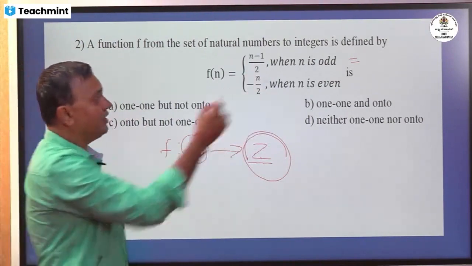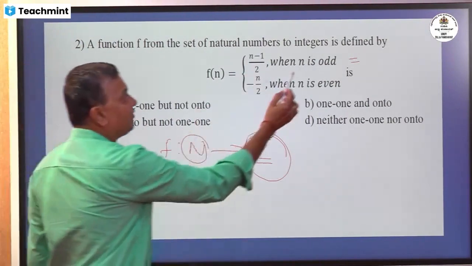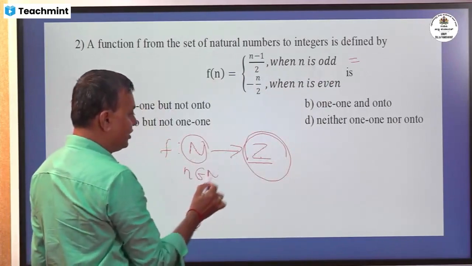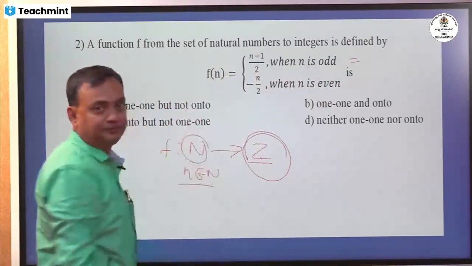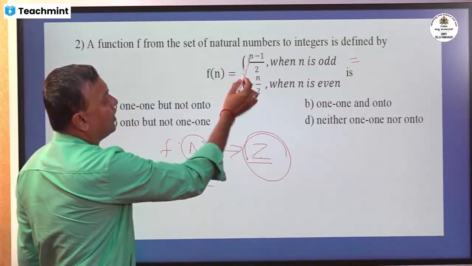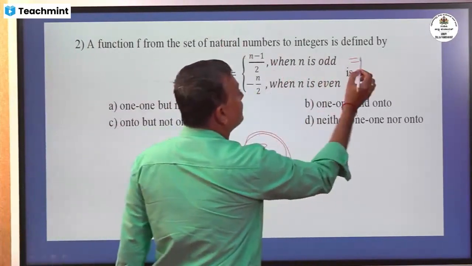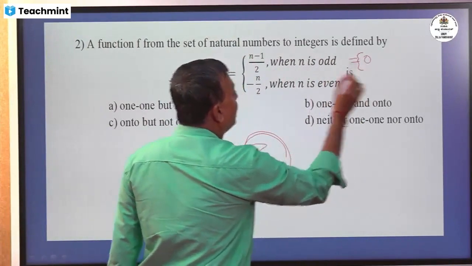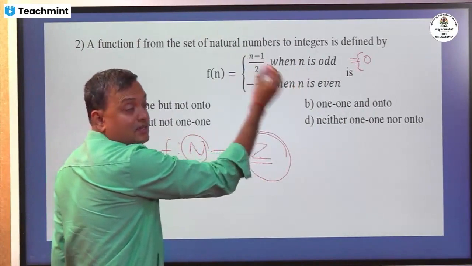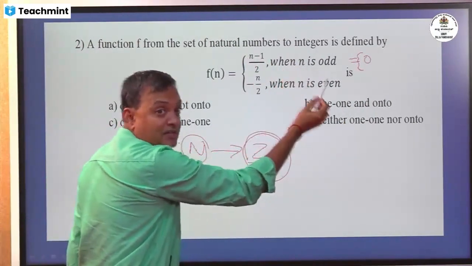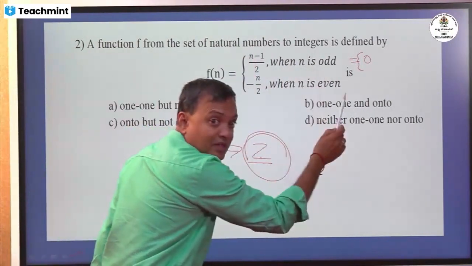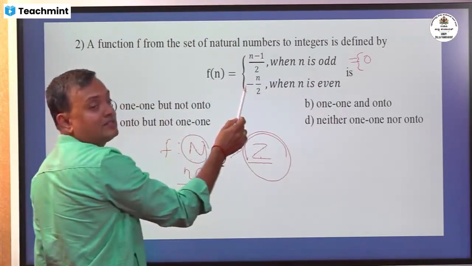We can write the images. See here, when n is odd, n being a natural number, n equal to 1, we get 0. Correct? For odd natural numbers, the image is n minus 1 by 2, and for even natural numbers, the image is minus n by 2.